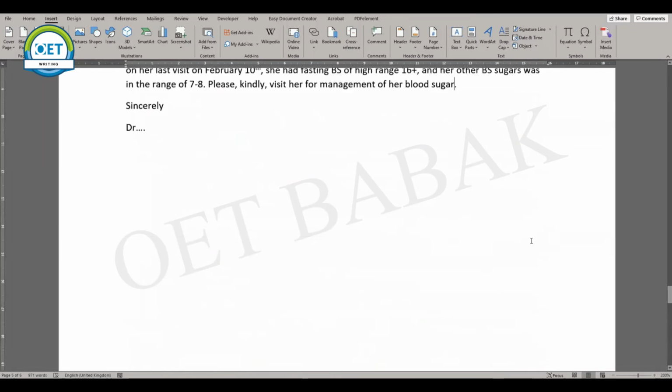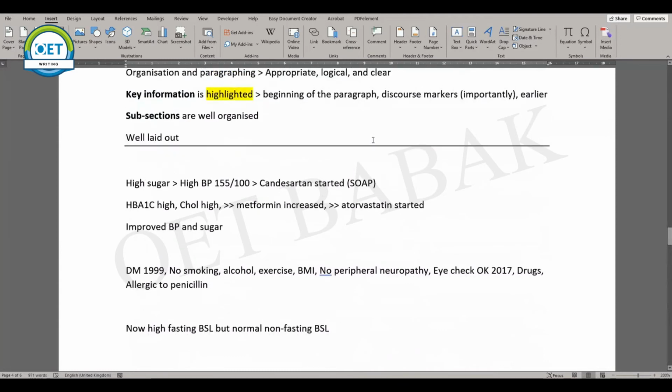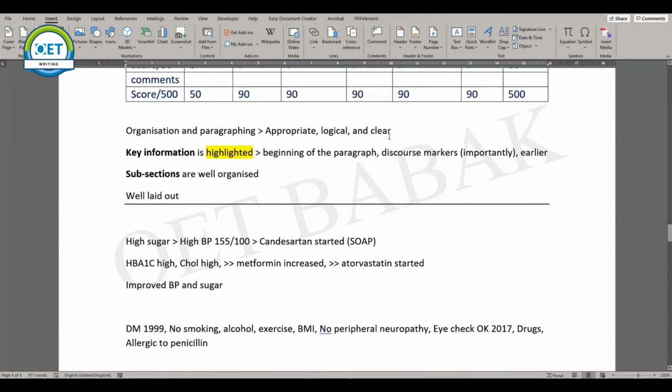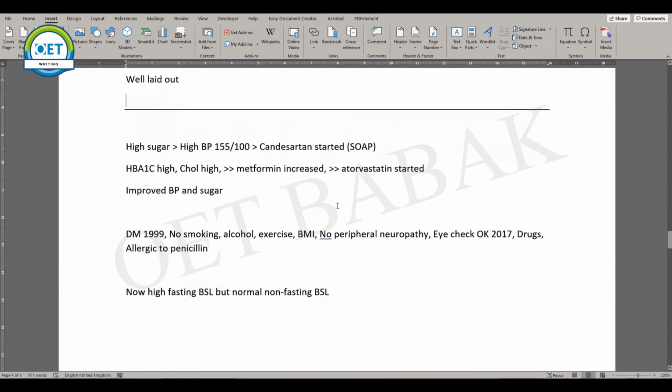Okay, so we come up here to the organization paragraph, and we discussed that. Now, what I would like you to do is, just before that, well laid out. What is that?